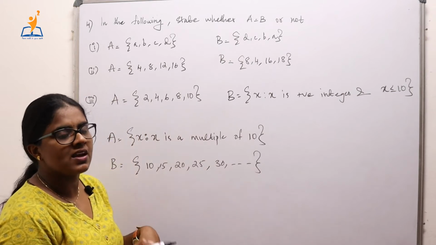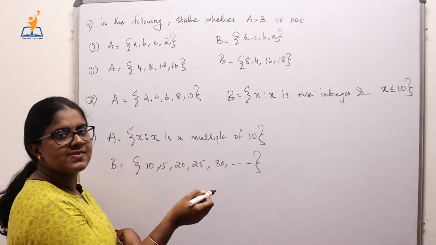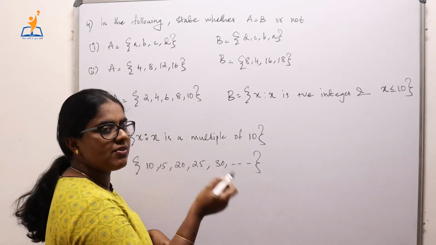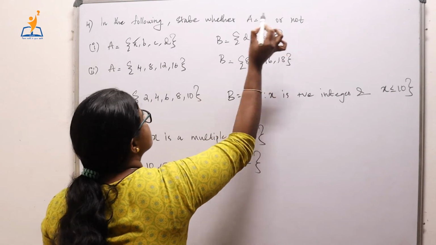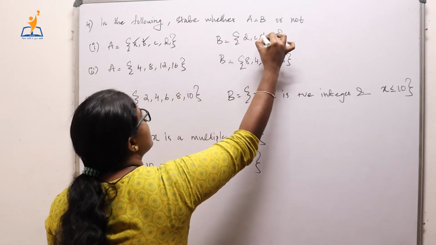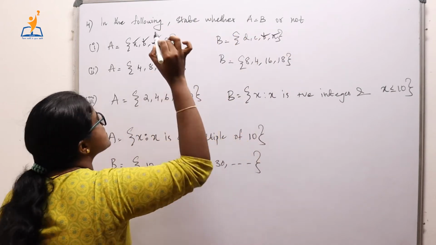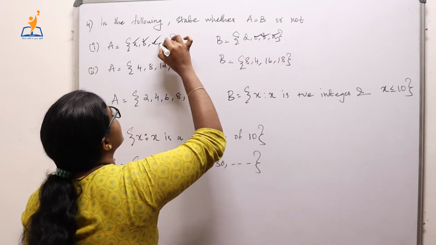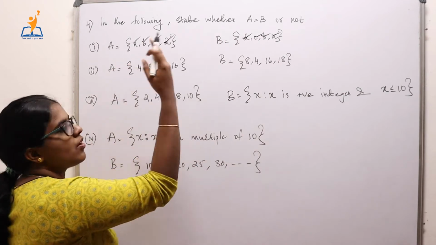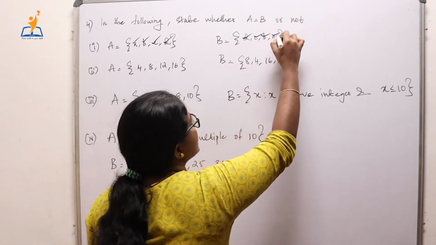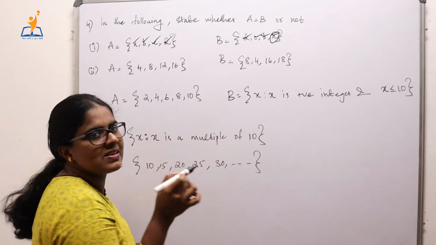Now we have to check whether every element of A is in B and every element of B is in A. Here there is A, here also there is A, here B, here we have B, here we have C, here we have C, and here we have D, and here we have D. So every element of A is in B and every element of B is in A, or not?